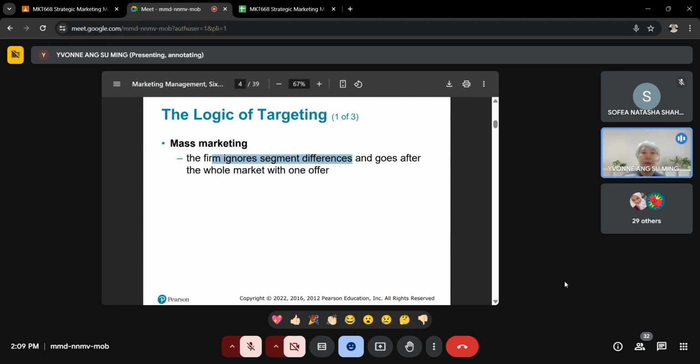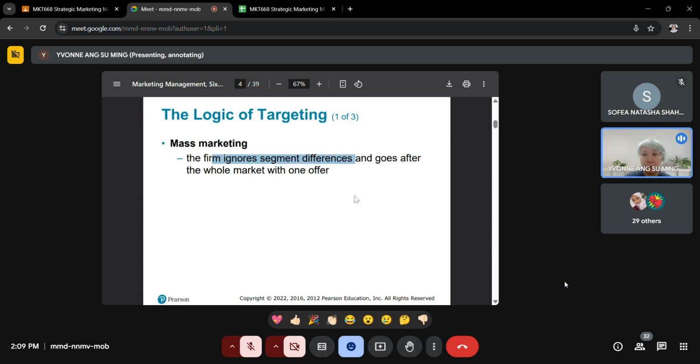With something like an umbrella, its pattern and function haven't really changed very much in 50 years or so. For a product like that, when I sell umbrellas, I might not segment the market, and I might say I make very good umbrellas for everyone. So what that business owner is doing is ignoring segment differences.